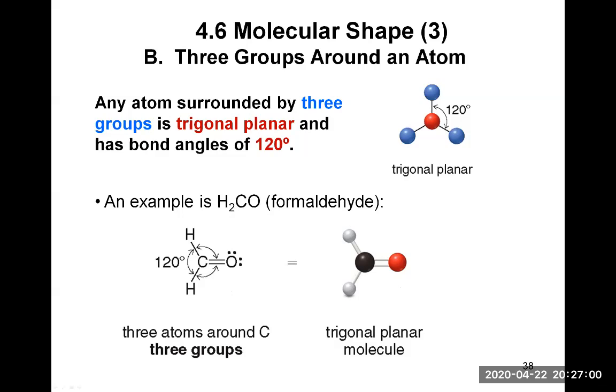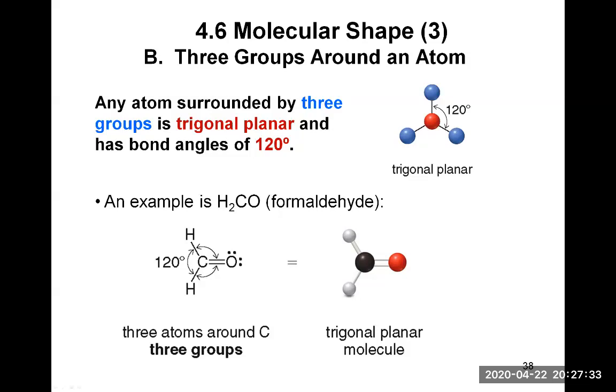The bond angle between two consecutive bonds is 120 degrees, and it's the same to the left and for the two atoms under the red atom. It's called trigonal planar because it's in the shape of a triangle, and planar because all atoms are in the same plane.